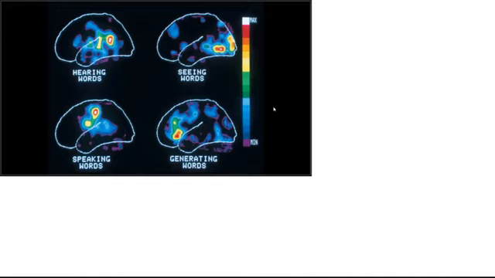So closer to white is going to be high levels of activity. Red is still high but not maxed out. And then all the way down to the bluish purple is very low levels of activity. And then the areas that are black are probably those that they've excluded.